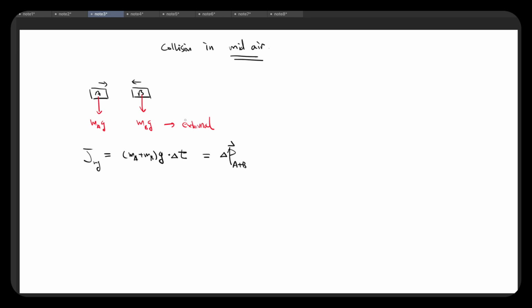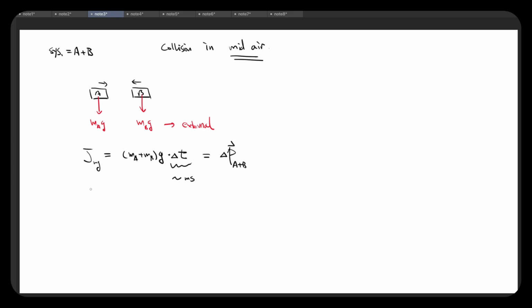So the system here is A plus B. So think about the total momentum change for both A and B. Okay. Now we're going to use the argument that we talked about in the earlier slide. We're going to talk about this delta t here. Okay, because it happened very quickly. Even if it's in mid-air, this delta t is in the scale of millisecond.